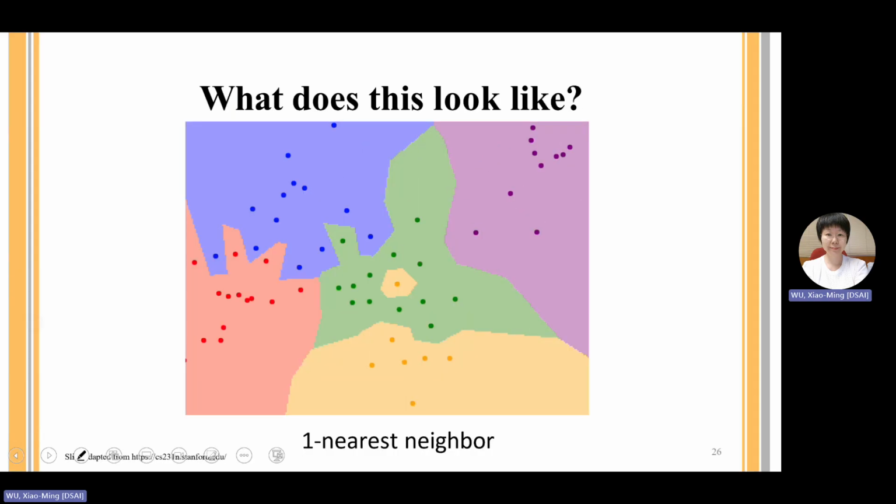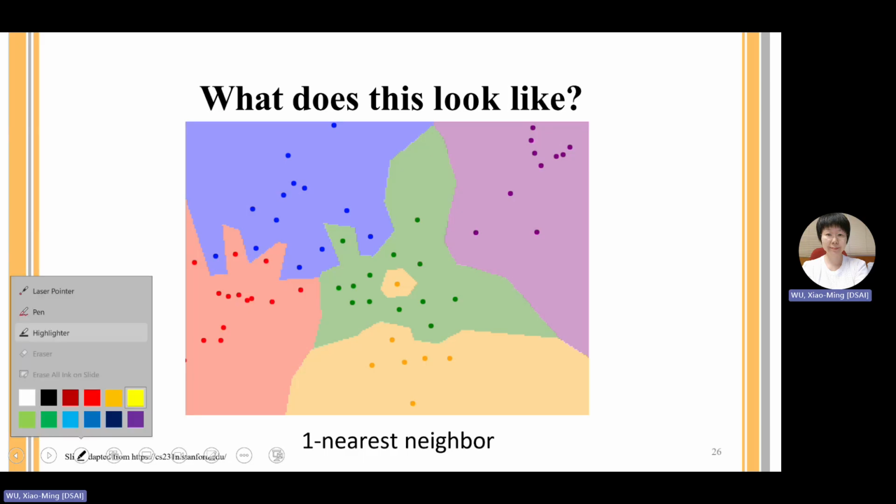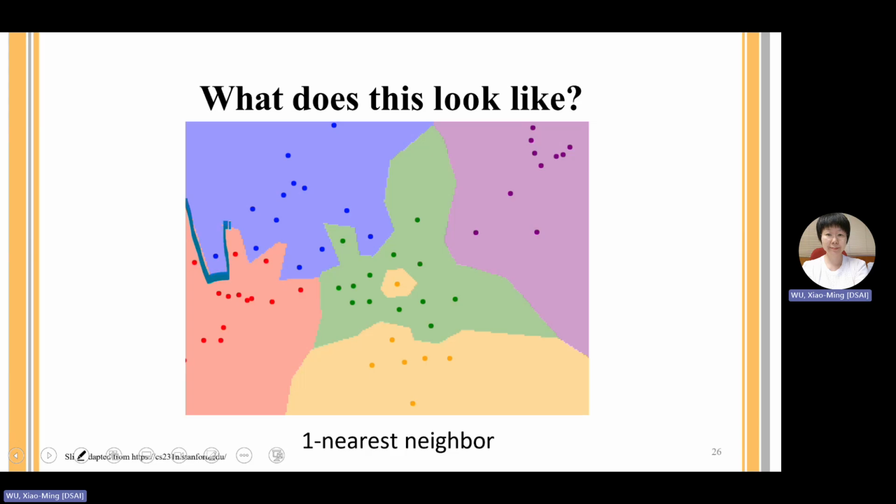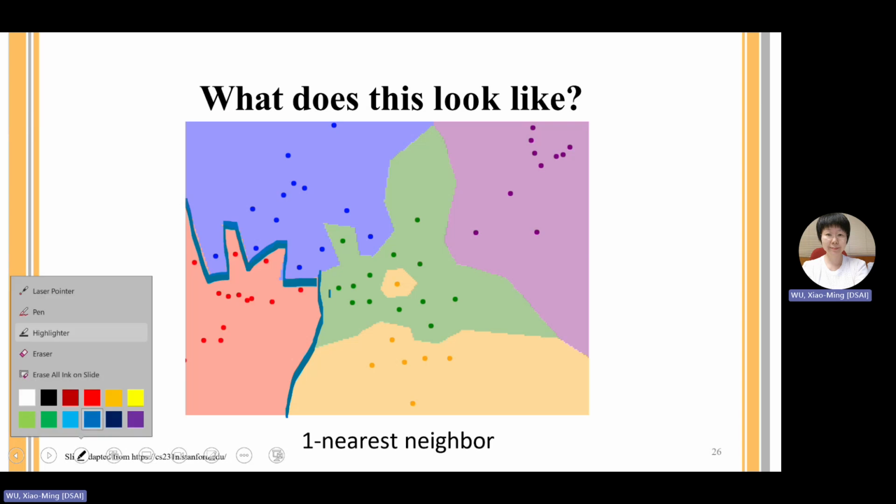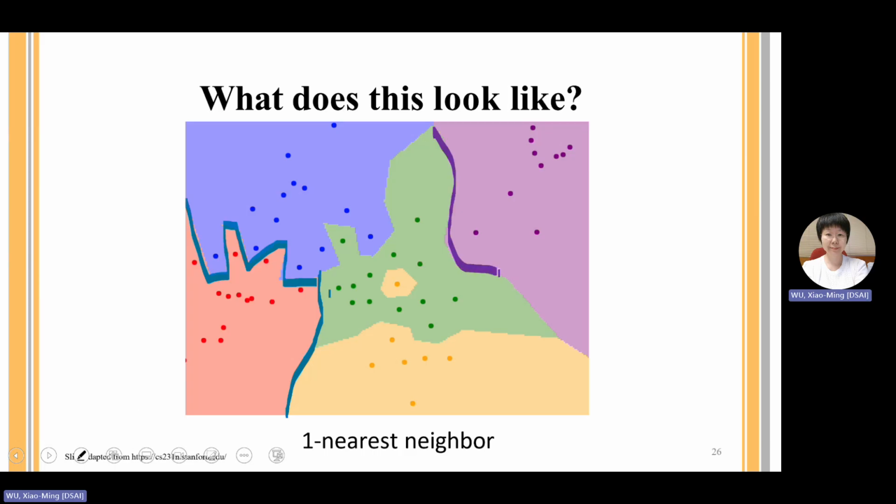Then what about the boundaries? How can we obtain those boundaries? What do the boundaries represent? The one nearest neighbor.